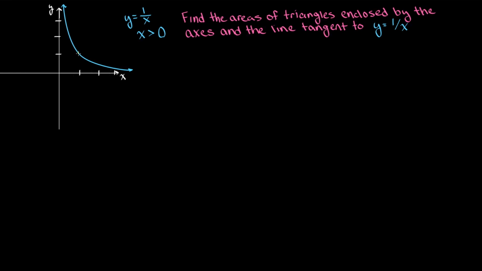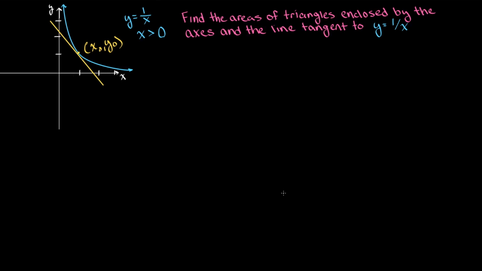Let's drop down just a random point here, and we can call this x naught, y naught. Okay, and a tangent line to this point would look something like this. Okay, so we have a tangent line now.